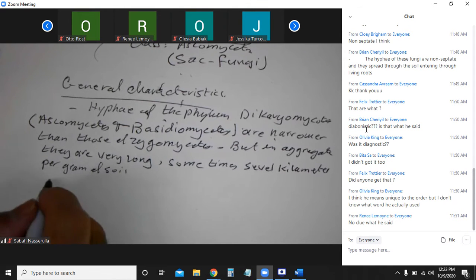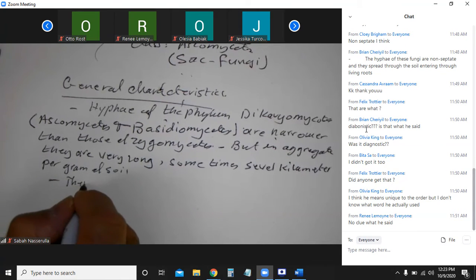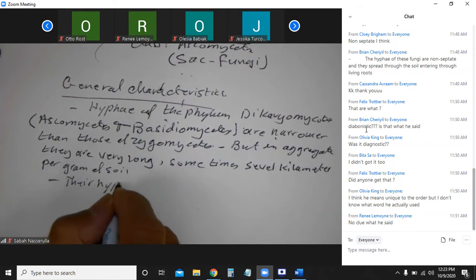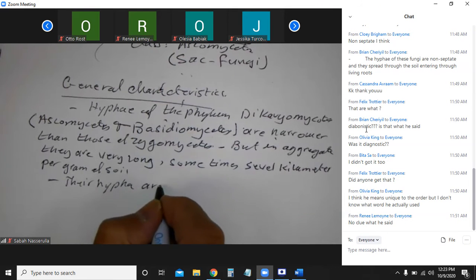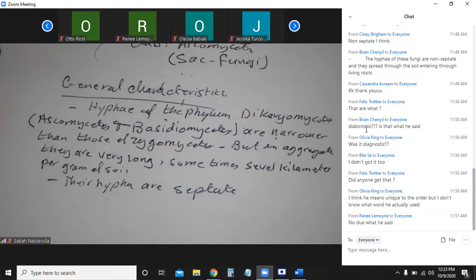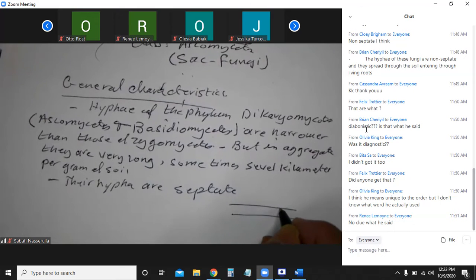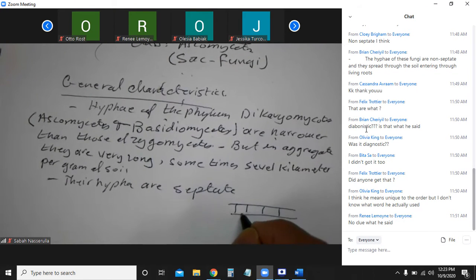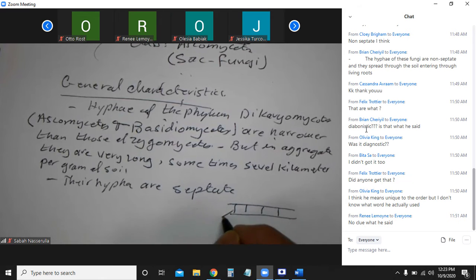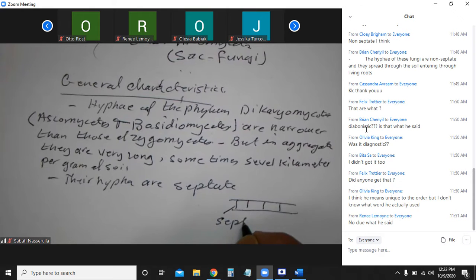Mention this point here, another characteristic: their hyphae are septate, and each of these crosswalls is known as septa.